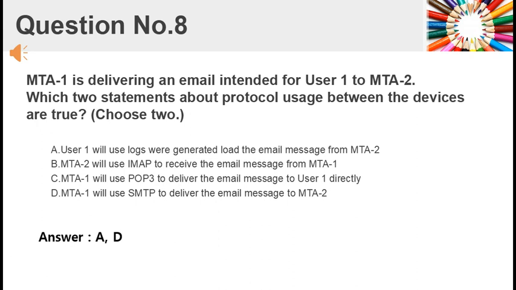B. MTA2 will use IMAP to receive the email message from MTA1. C. MTA1 will use POP3 to deliver the email message to user 1 directly. D. MTA1 will use SMTP to deliver the email message to MTA2. Answer: A, D.